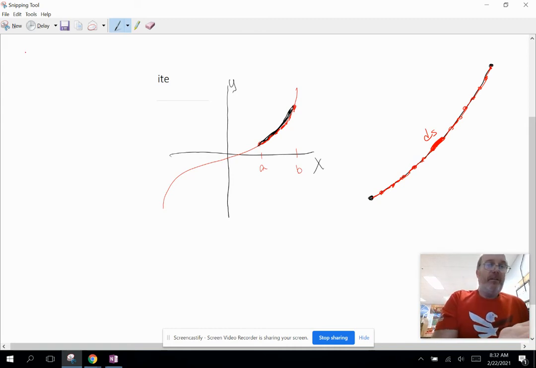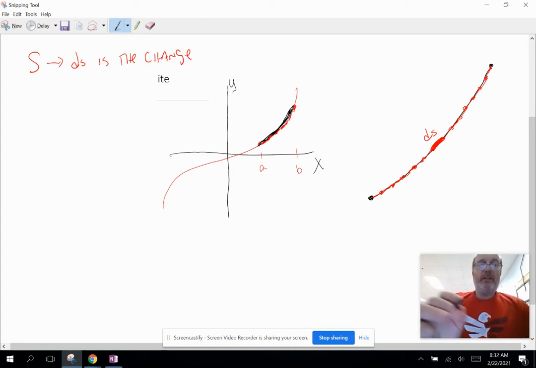If s is the total arc length, then ds is the infinitesimal small change. We can consider ds in relation to y or x. We're going to use ds in relation to x most of the time, but it's the change in the arc length.